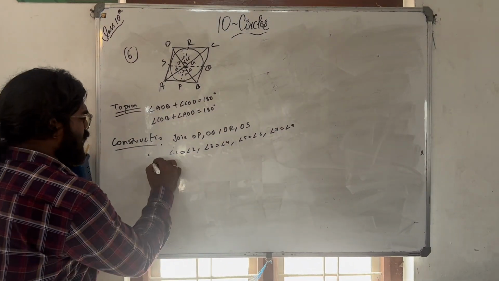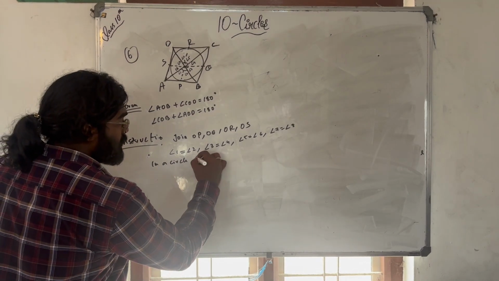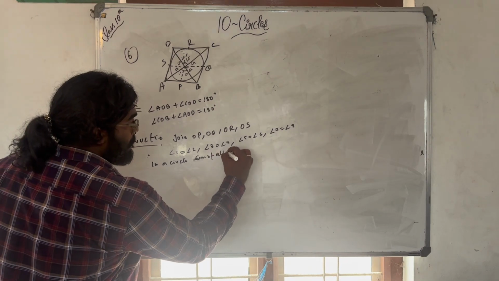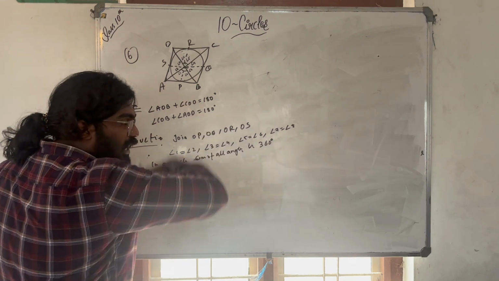Right now I know in a circle, sum of all angles is 360. You know पूरा 360 घूमता है वो.